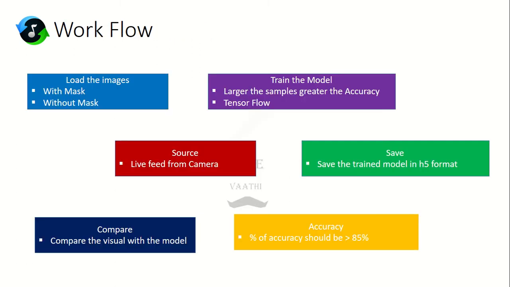Coming to the workflow, you see we have around six blocks. On connecting these six blocks together, we can build a model which can predict whether the employee is wearing a mask or not. This model starts with loading the images. These images are a series of different people's images, wearing a mask and without a mask.